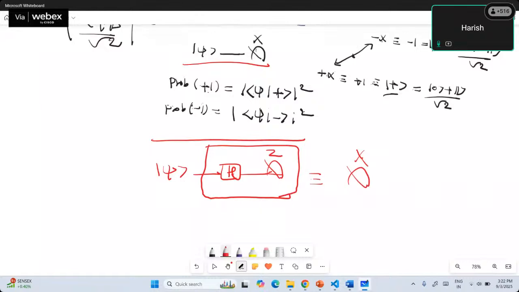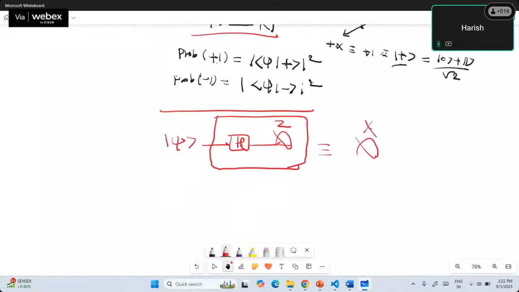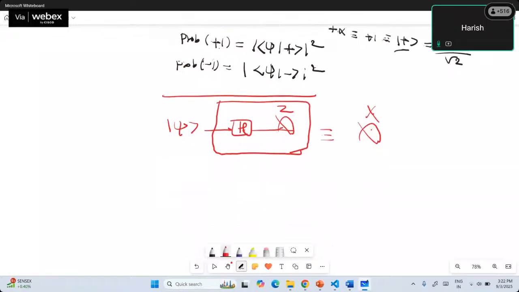We will show how we can do it. The state psi is there, and if you want to measure it in the X basis, just apply a Hadamard gate on it and then measure it. So psi was there, you apply the Hadamard gate and you measure it in the Z basis, and this is nothing but your X basis measurement.